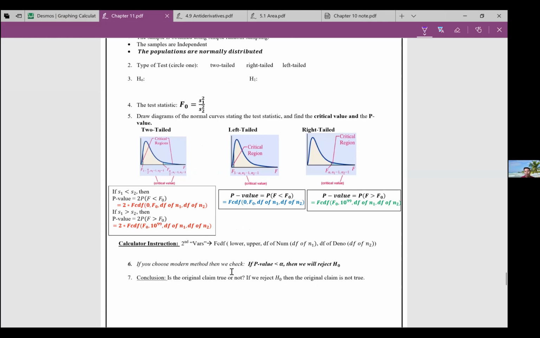And then number 6 and number 7 will be the same throughout any section from chapter 10 all the way to chapter 11. Okay. If the p-value is less than alpha, then we will reject the null hypothesis. That's all we go for, right?